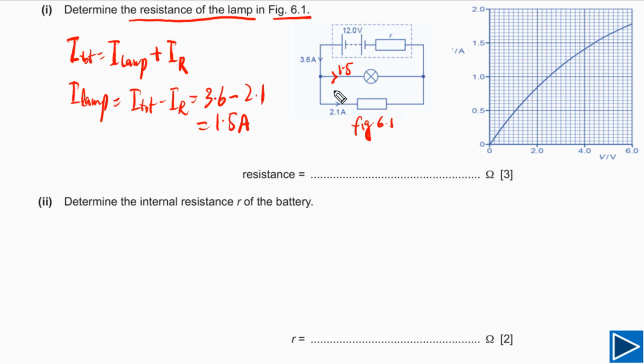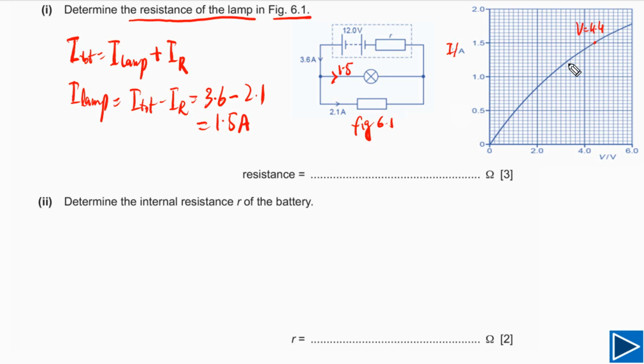Now the current passing through this lamp is given, so we can find the voltage across this lamp by looking at the IV characteristics curve. This is I, and on the x-axis we have V. When the current is 1.5, looking at this point, the value of V is 4.4.